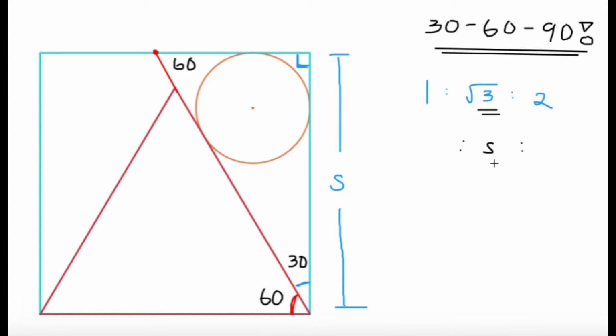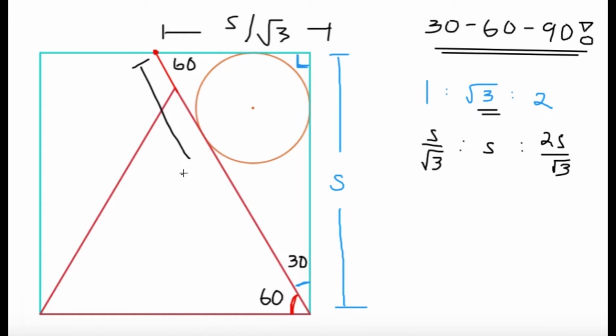So we only need to divide by square root of 3 to get the side which is proportional to this 1 here. So this part would be S over square root of 3. And the 2 over here would be 2S over square root 3. So this part over here is equal to 2S over square root 3.